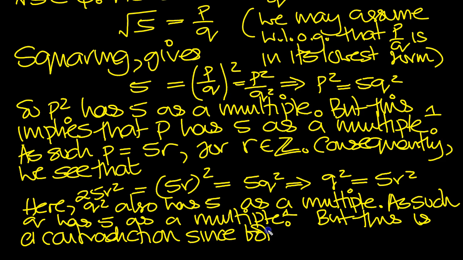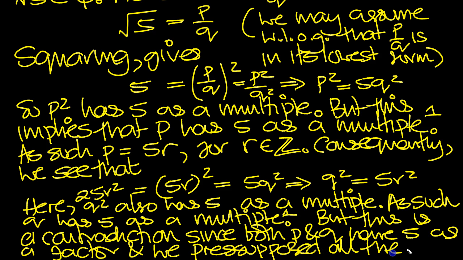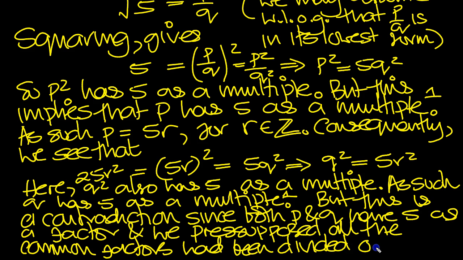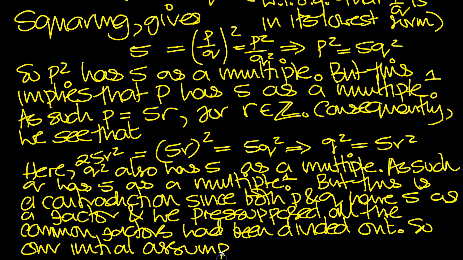Since both p and q have 5 as a factor, and we presupposed all the common factors had been divided out, we can conclude that our initial assumption is wrong, namely that root 5 is rational.